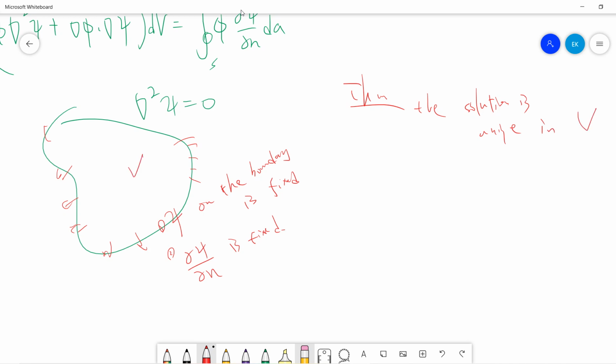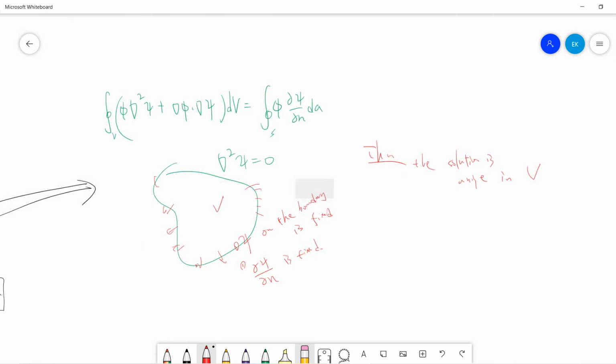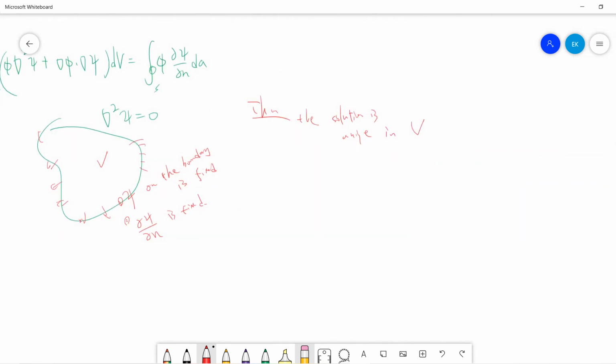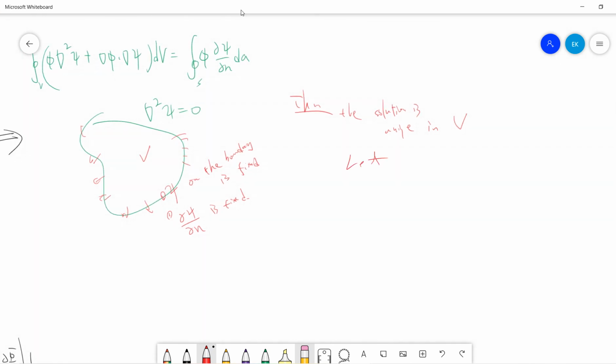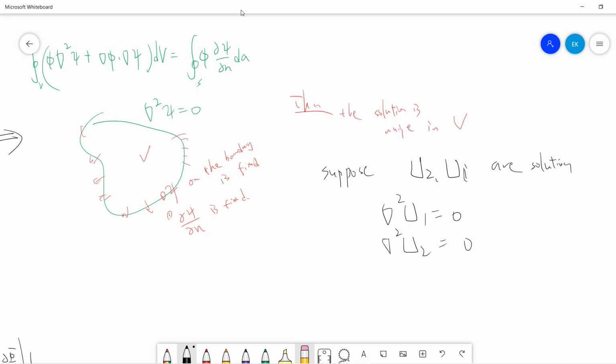So why is the solution unique? The proof idea: suppose not. Let's suppose that we have two solutions, U1 and U2. They both satisfy the Laplace equation and they coincide on the boundary.